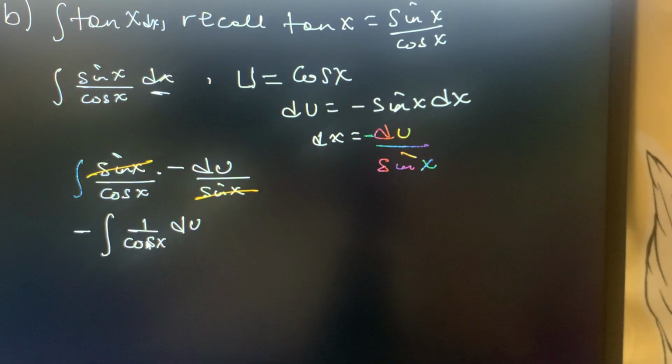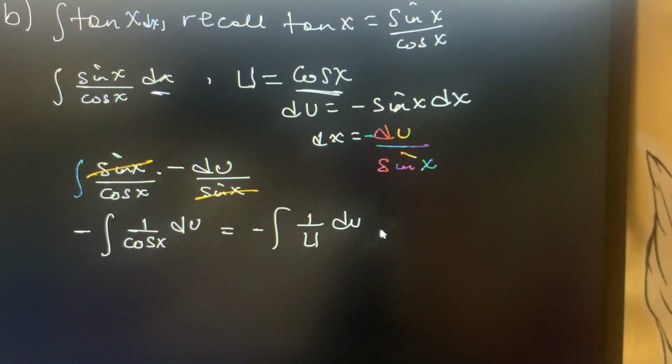Now I also remember that my u is cos x from the beginning, so I can rewrite this as negative of the integral of 1 over u du.